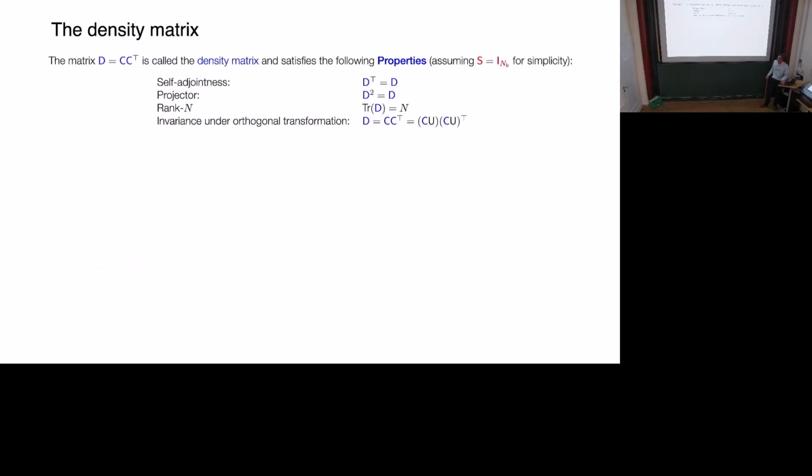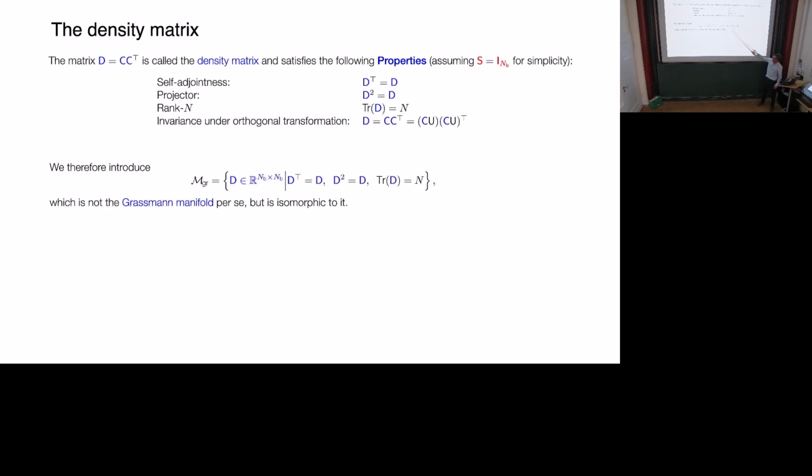Very quickly, this is the discrete version of the density matrix, this gamma. It is now just the matrix C times C transpose, and we assume for the moment that we have an orthonormal basis, so the mass matrix is diagonal. Then this is symmetric, obviously, D squared is D because of the orthonormality condition, and the trace is n, so all the same properties, and you can associate it to the Grassmann manifold, which you can play around with a bit.